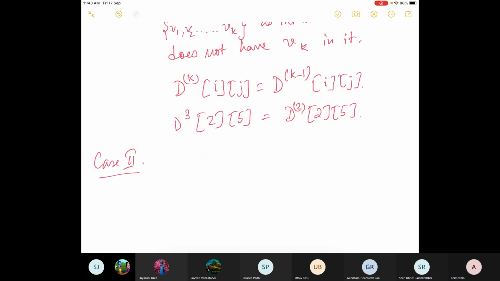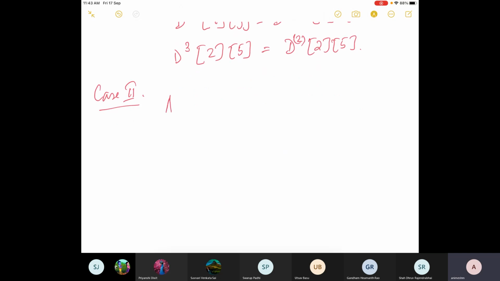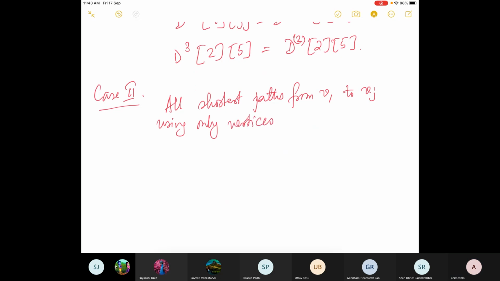Case 2 is the opposite, where all shortest paths from Vi to Vj using only vertices up to Vk as intermediate use Vk in it.